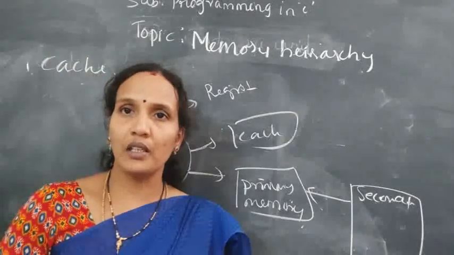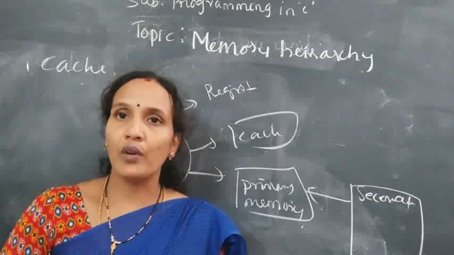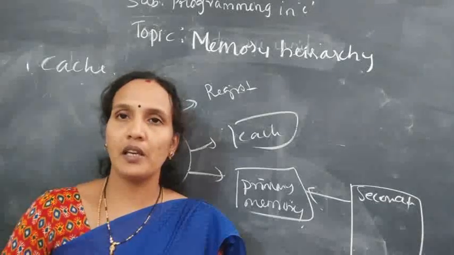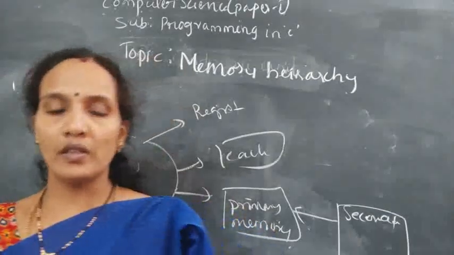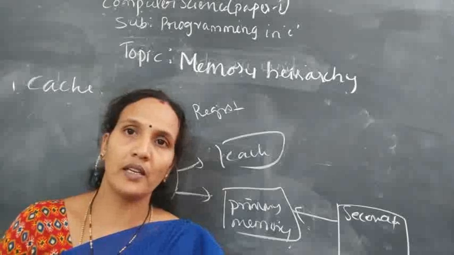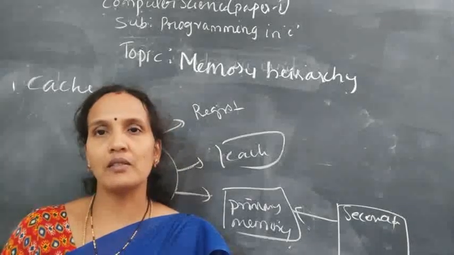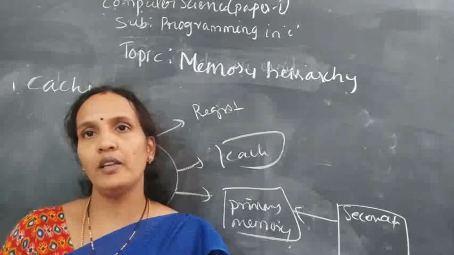That information is stored inside the primary memory, but it is a volatile memory. Volatile memory means if there is no power supply, then whatever content you stored inside this memory is not available. As long as the power supply is there, you will get the content.